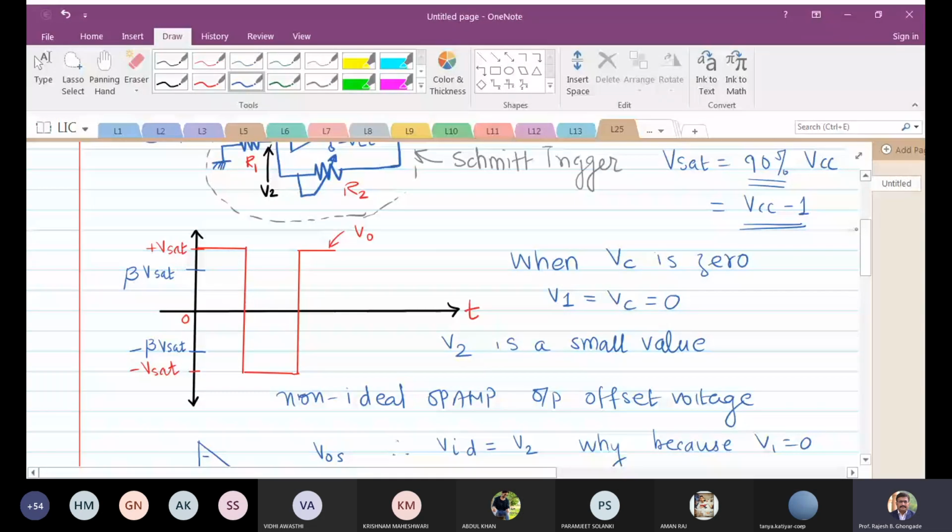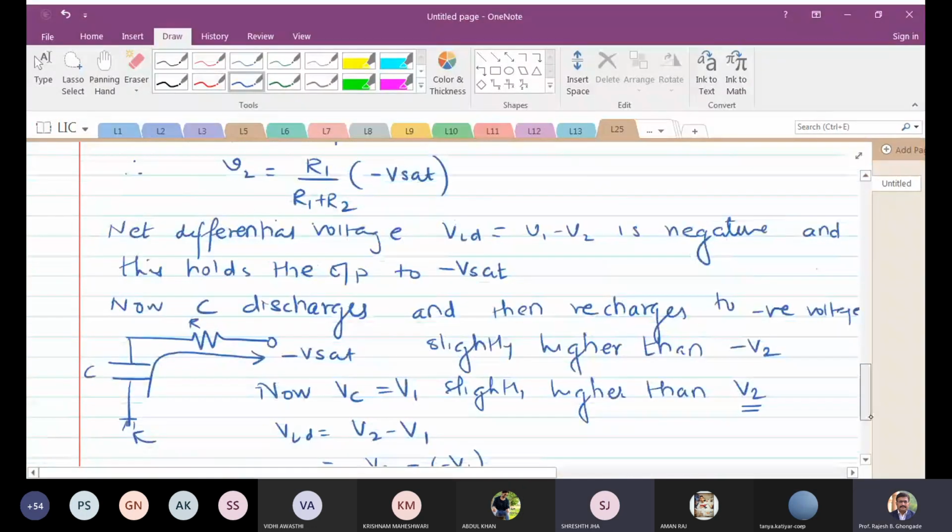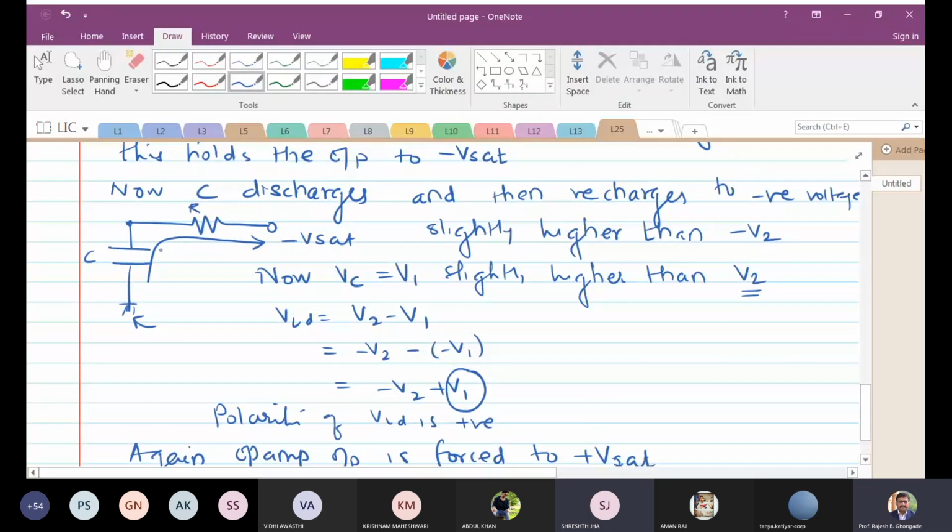Sir, can you explain how C discharges and then recharges? See, as I told you, the capacitor was earlier having a positive charge. Now, when will the capacitor discharge? When it gets a path to the ground or even a negative path, isn't it?